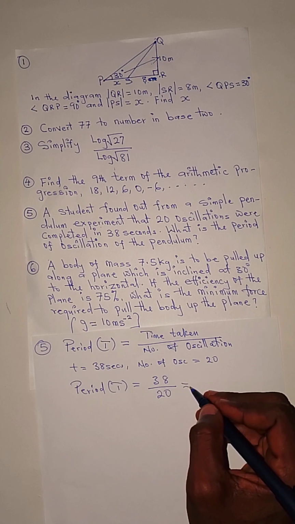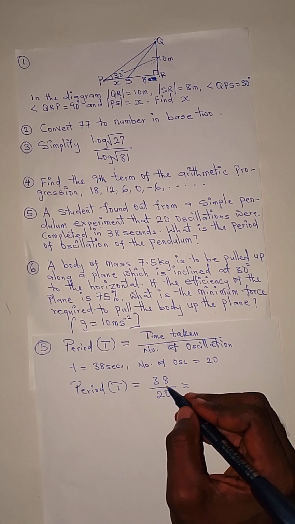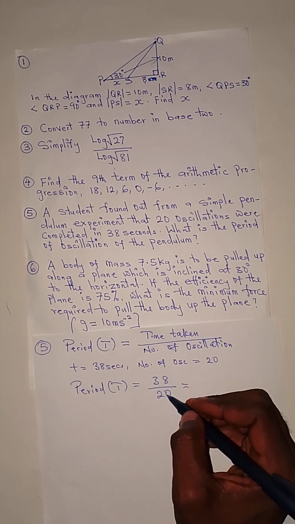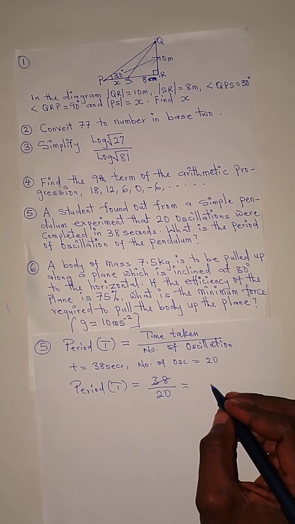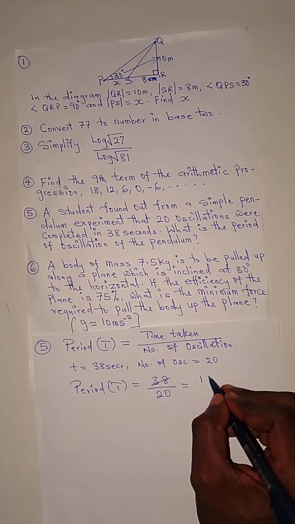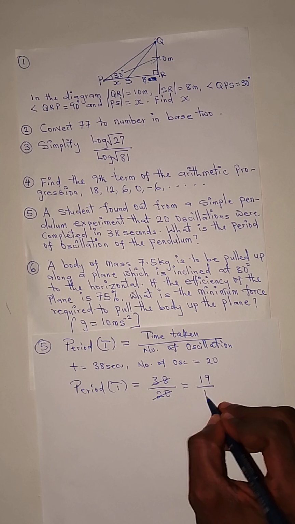Okay. So at this point, the easiest way to do this without calculator is you can reduce this number to lowest term. So 2 goes into this 38. That is going to give us 19, all over 2 goes into 20. That will be 10.